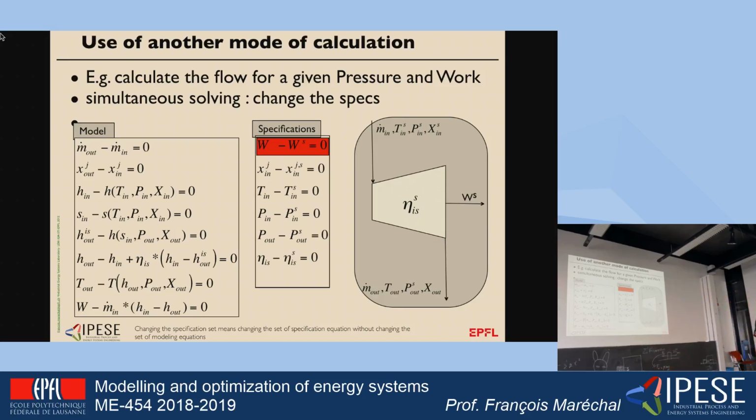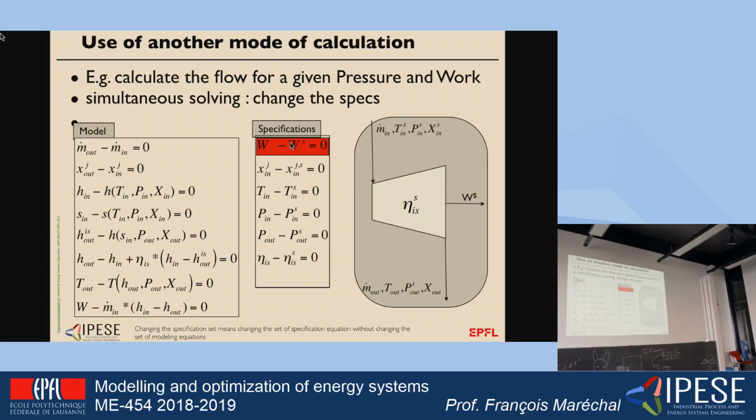So if I want to do this, in the case of a simultaneous approach, it's quite simple. I just have to change, instead of having mass flow minus specified value equals 0, I will have work minus specified value equals 0. I do not change the equations here, they remain the same. I do not change all the specifications, only one is going to be changed, and apply Newton-Raphson and you have the solution. So very easy from the programming point of view to make this development.